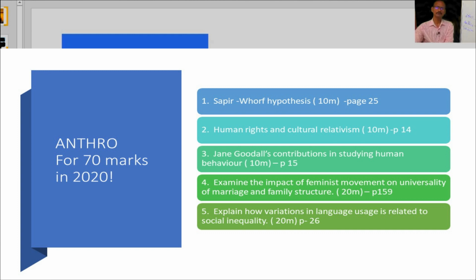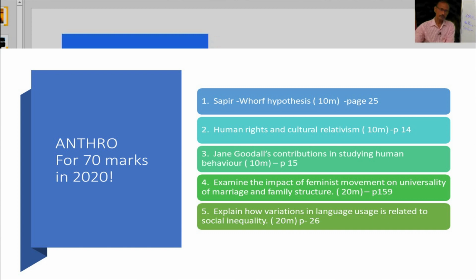And some of the questions are not part of any standard Indian book, like for example, Jane Goodall is not covered in much of the material that the students are familiar with. So 70 marks in anthropology.